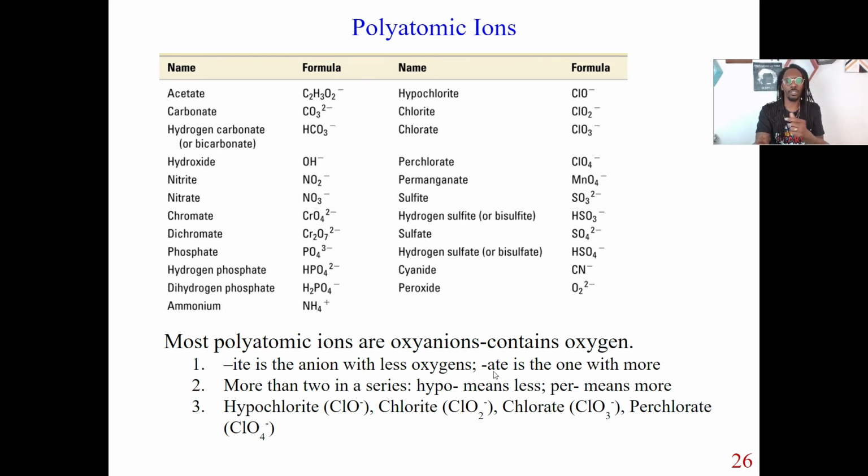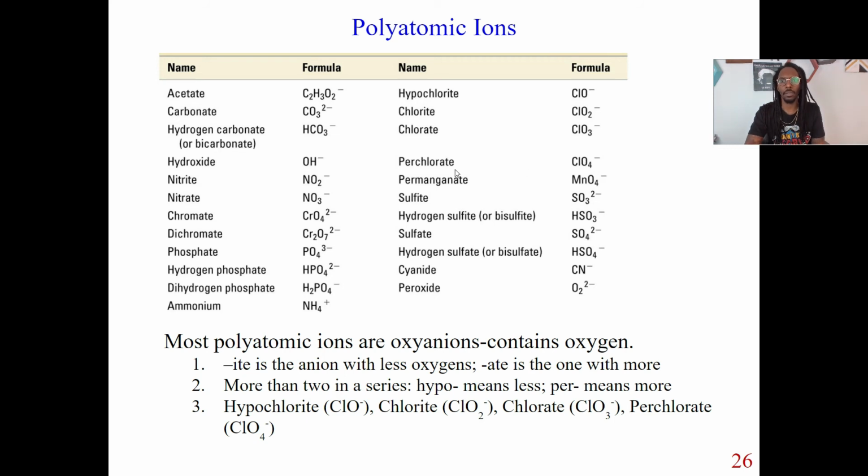This just goes back to our rule: ITE means less, ATE means more. So chlorate is ClO3. And then the one with the most oxygens, perchlorate, ClO4. Per means that we have the most, and also pay attention to the ATE, which means more. So perchlorate, we're going to see four oxygens here.